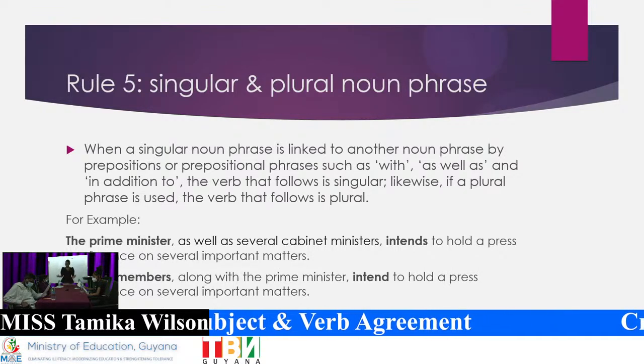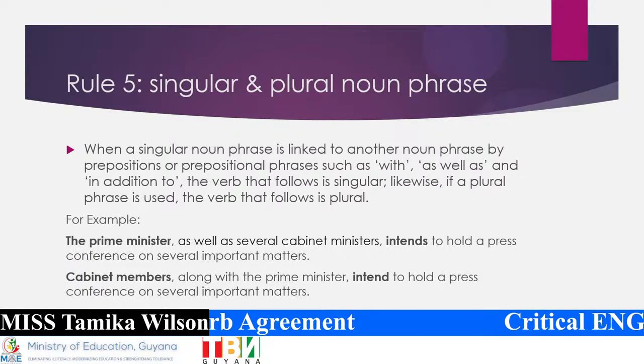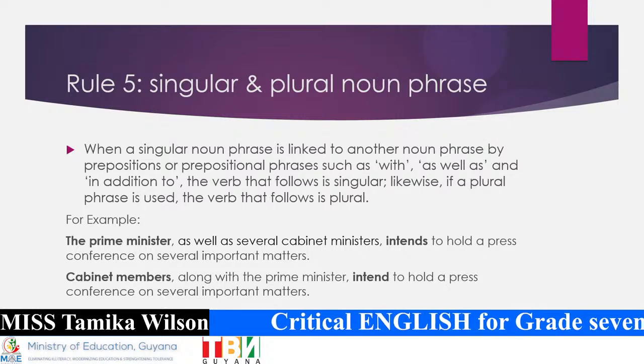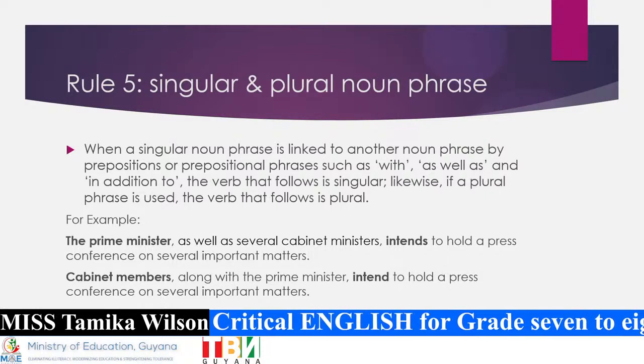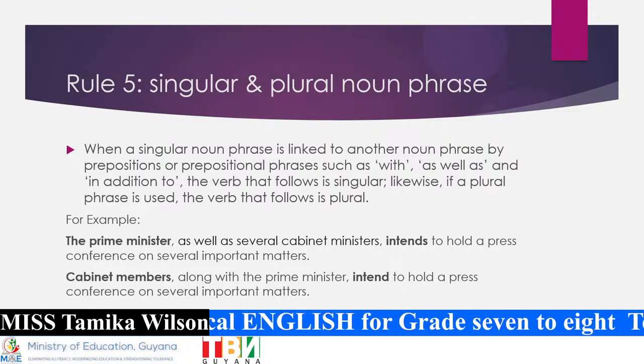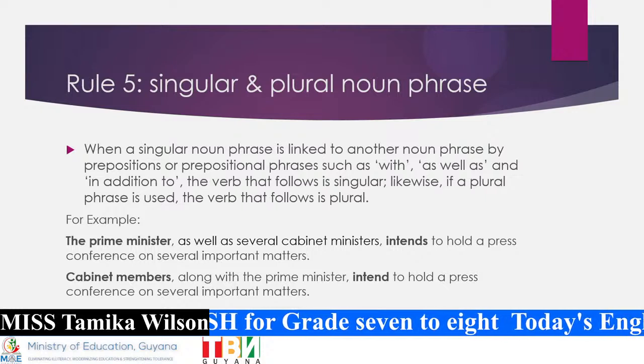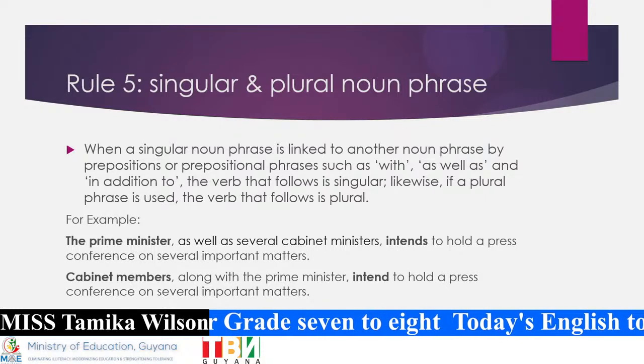Now this looks a little technical, yes? Look at the example. The Prime Minister as well as several cabinet members. Let's look at the first one. The Prime Minister as well as several cabinet members intends to hold a press conference on several important matters. Now let's look at it.